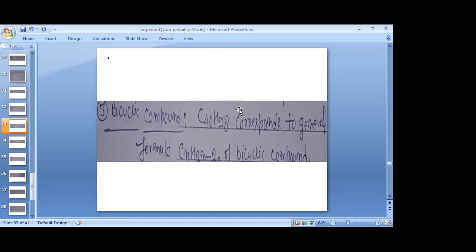It means the compound is bicyclic in nature, because we already discussed in abietic acid that if the general formula is CnH2n-4, your compound is tricyclic. But here the general formula is CnH2n-2, so the compound is bicyclic in nature, right? So whether your compound is bicyclic or not is confirmed by its general formula.